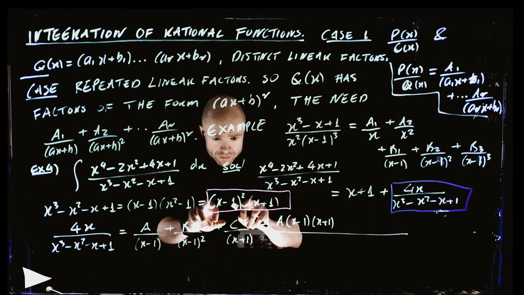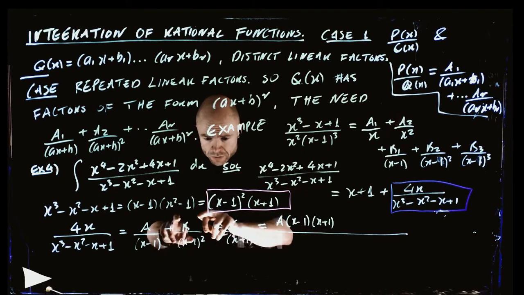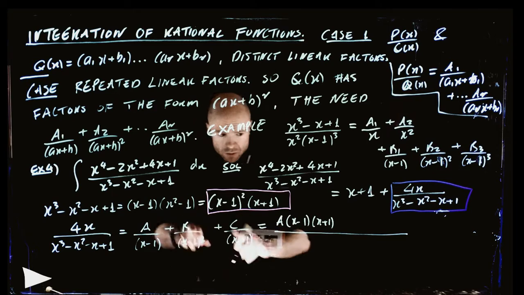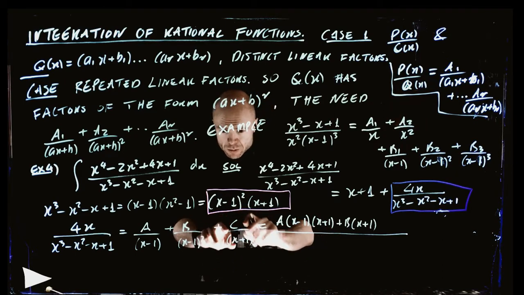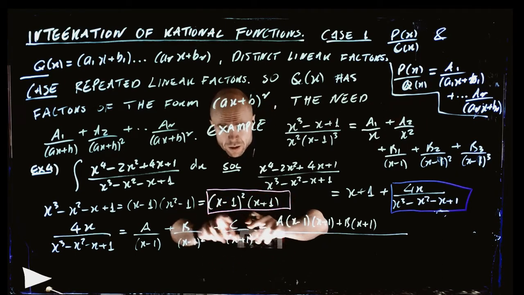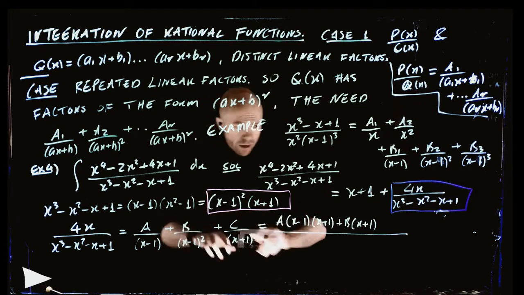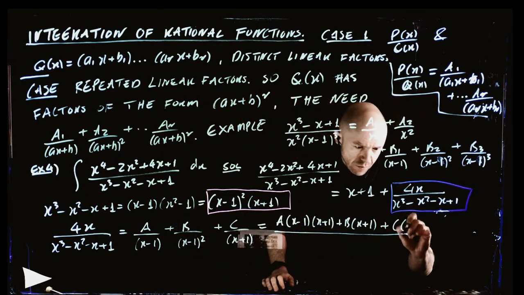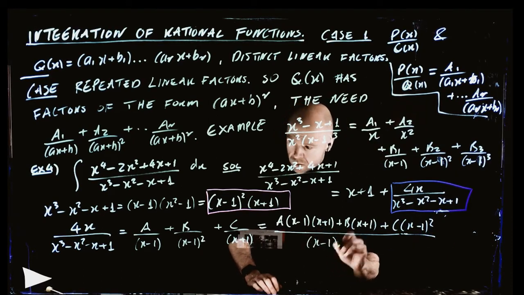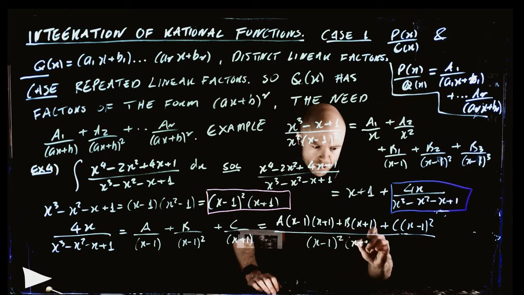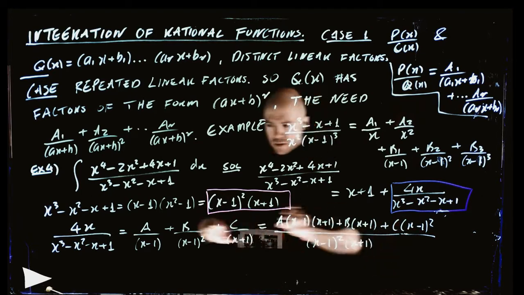And then here, to have this be the denominator of this term, I need to multiply top and bottom by x plus 1, so I'm going to have B(x plus 1). And then here, to have the denominator be this, I need to multiply the top and bottom by x minus 1 squared. And all of that over x minus 1 squared times x plus 1, that thing is the same as that thing.